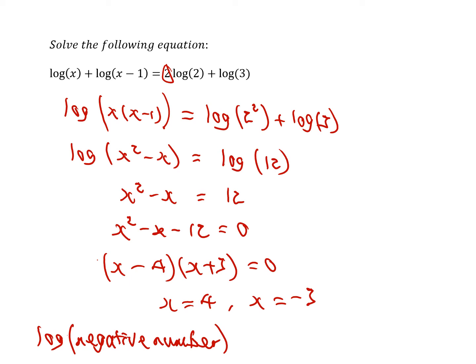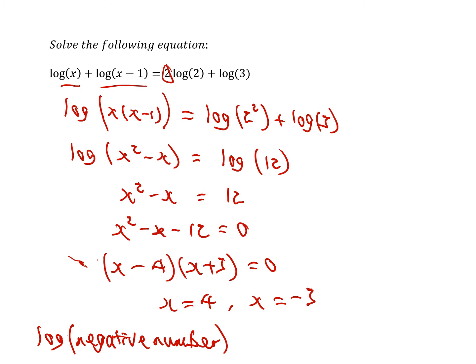Now, when we put the number 4 into here and here, we get two positive numbers. We get the log of 4 and the log of 3. That's absolutely fine. But when we put minus 3 into the log x, we get the log of minus 3. And in the other one, we get log of minus 4. So those logs don't exist.